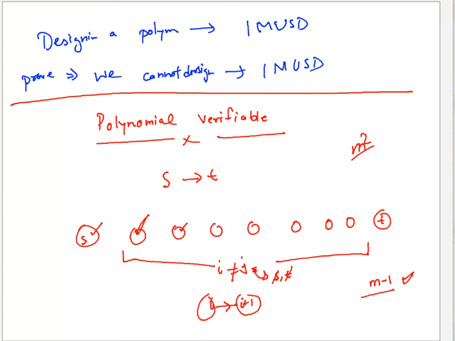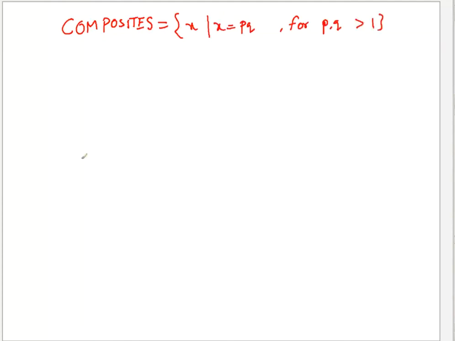In a similar way, suppose there is this problem, composite. What is a composite? Composites is the set of all the numbers x such that x equals pq, for p and q integers greater than 1.